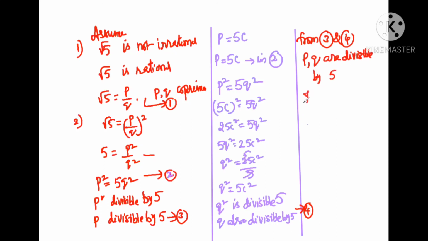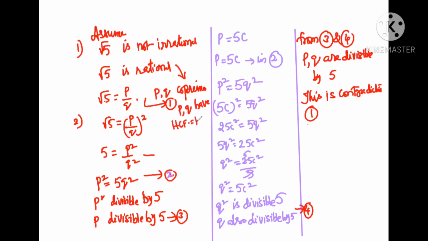This is a contradiction to the first equation, where p, q are co-primes and root 5 is rational. Here p, q have HCF 1.